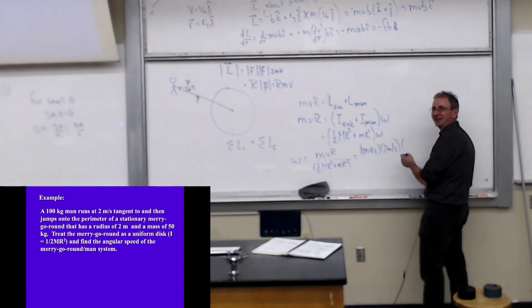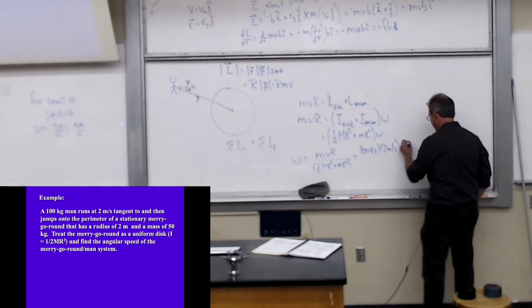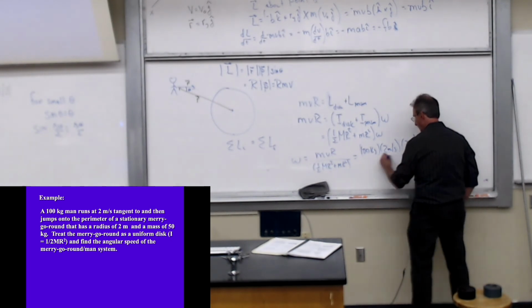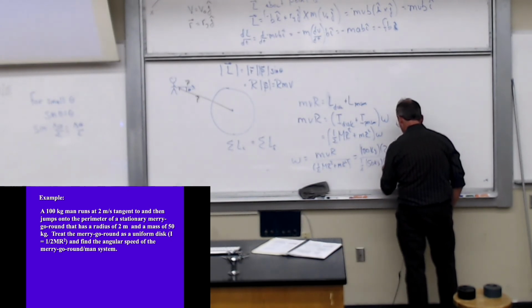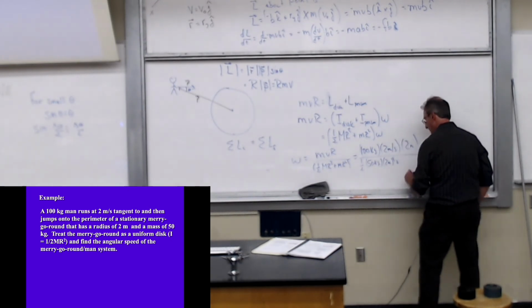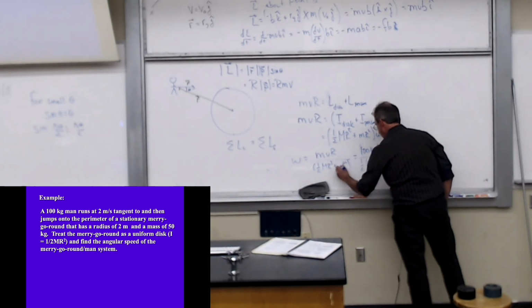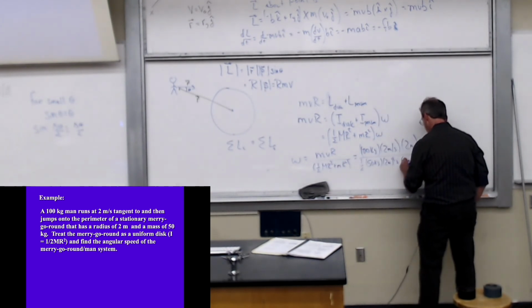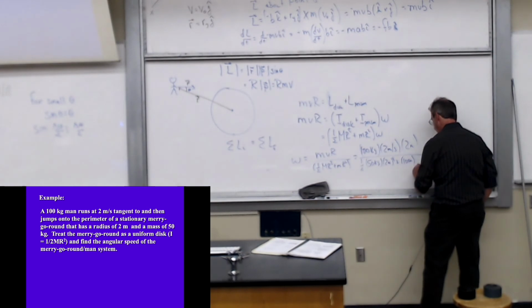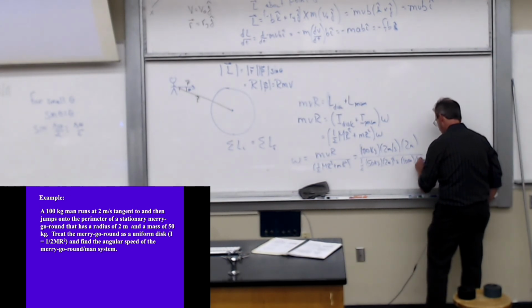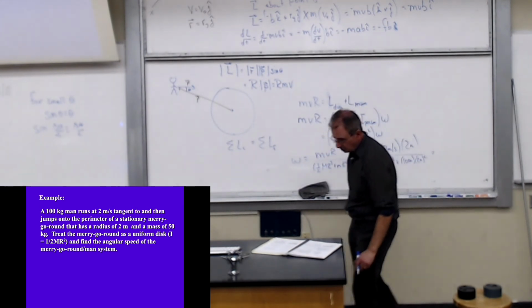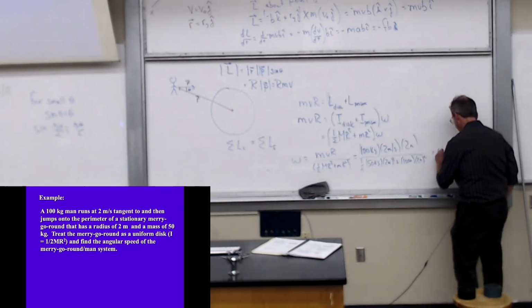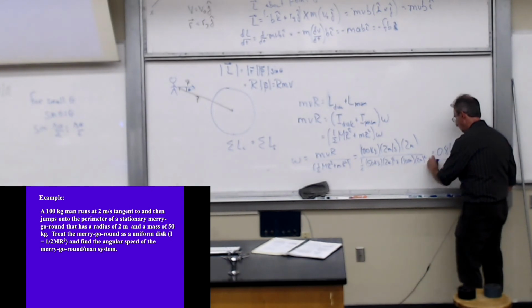I already started writing it out. And when you run this through, you should get 0.8 radians per second.